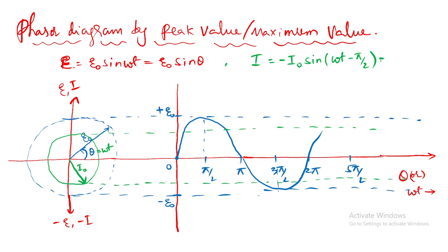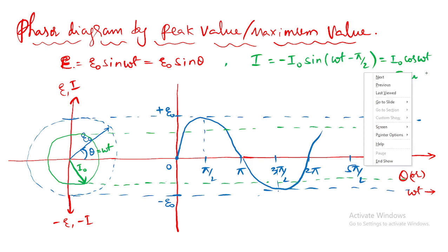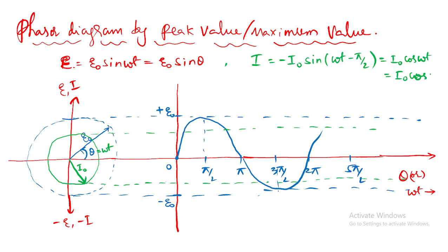Or else this can simply be written as I naught into cos omega t, or cos theta. You know already how cos theta will vary. Yes or no? It will be maximum at 0 angle, minimum at pi angle. So the rotation of this one will be a positive peak value. This will be a negative peak value. I am writing negative. Clear?